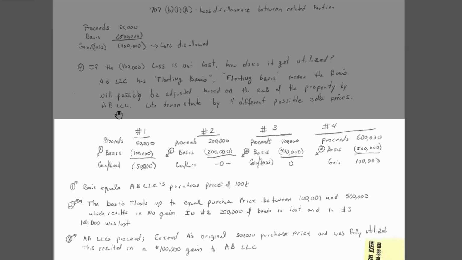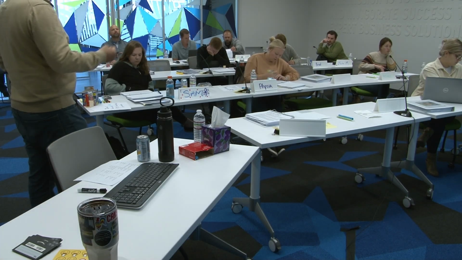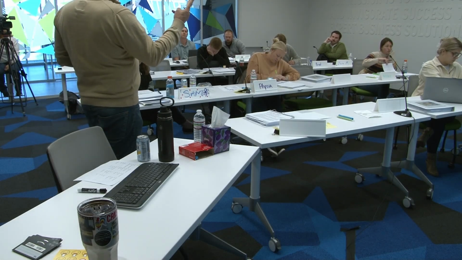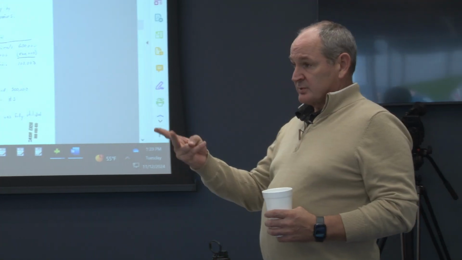Okay, and this is the exact same rule that's under 267. And 267 is transactions between a related party, and 267 falls into 2 categories. One is sale or exchange of an asset between a related party that results in a loss. And the second category is transactions between related parties that have different accounting methods.